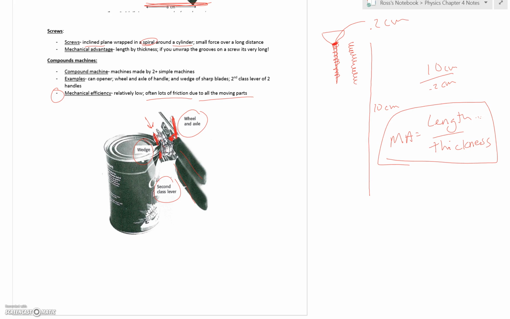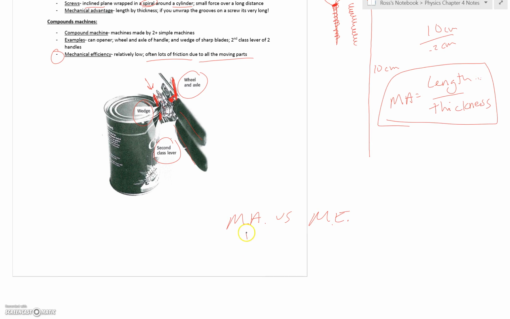So this gets back to that 4.2 video talking about mechanical advantage versus mechanical efficiency. If you're confused on how those two are different, you should check them out. Remember that this one has to do with force, and this one has to do with work. So you can still have a great mechanical advantage of 10 maybe, right?